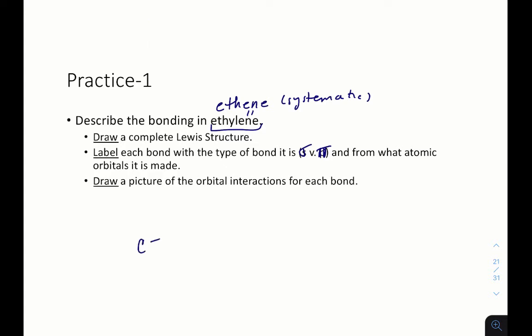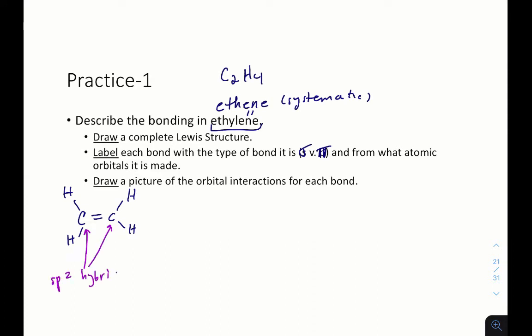So the Lewis structure for ethene, C2H4, looks like this. Each of these carbon atoms is sp2 hybridized. They have trigonal planar electron pair geometry, 3 total domains of electrons around them both.